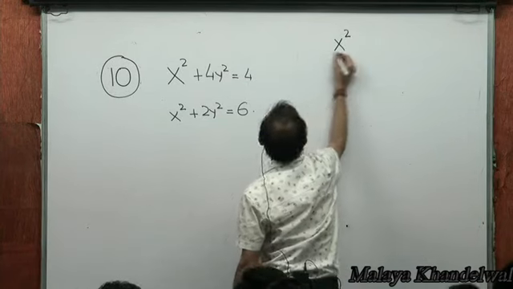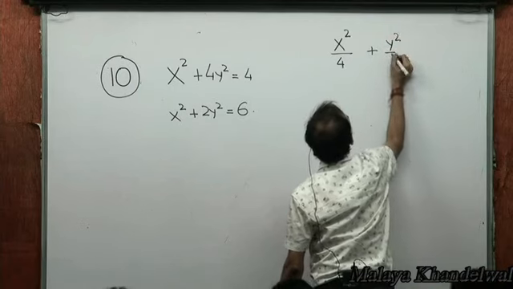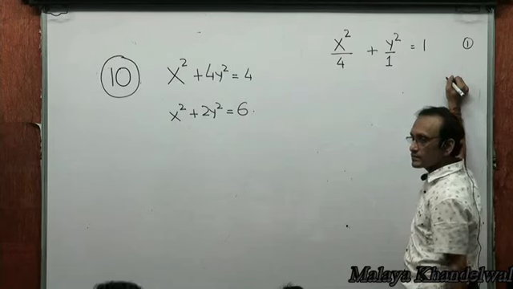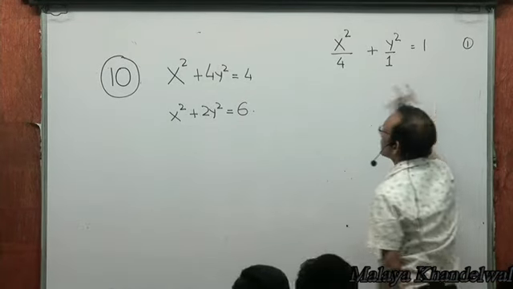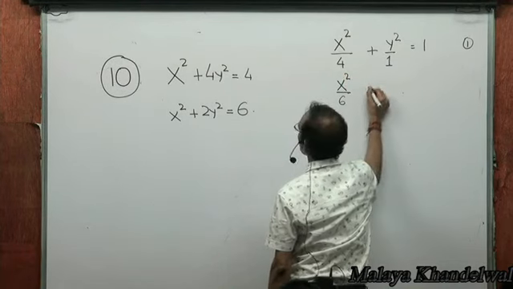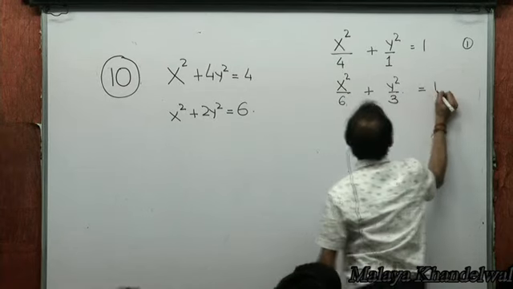This one, for example, x squared by 4 plus y squared by 1 equal to 1 is one ellipse, right? This ellipse, x squared by 6 plus y squared by 3 equal to 1.